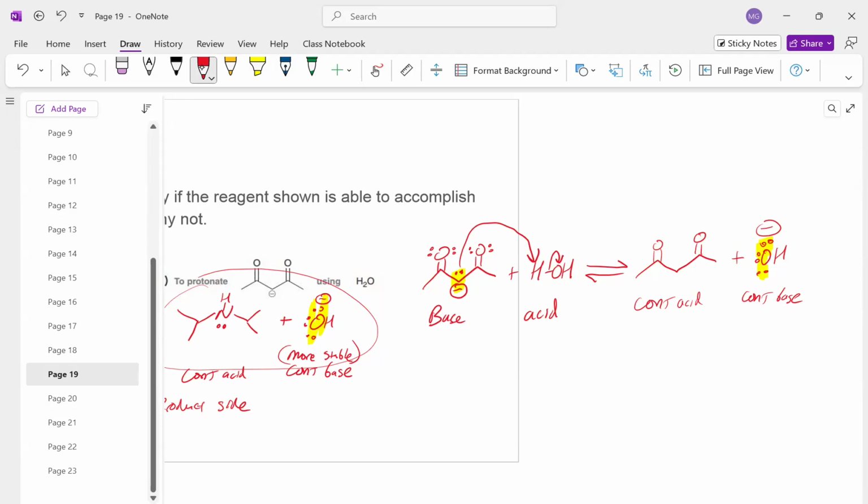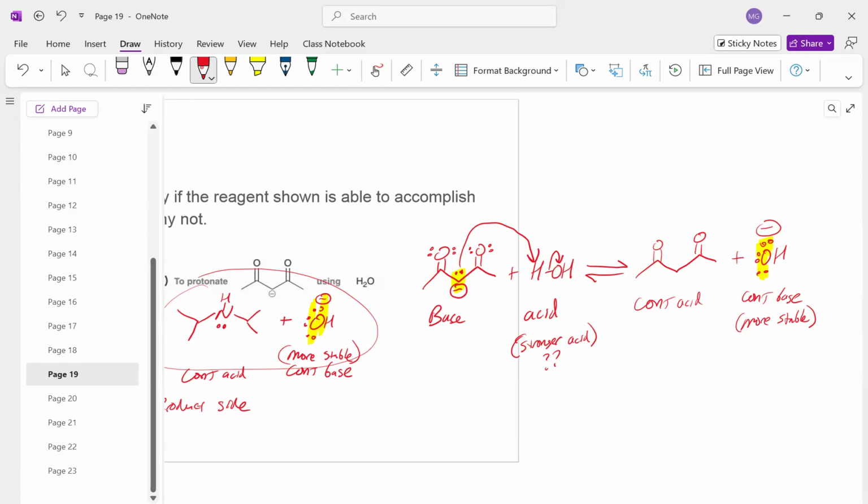So we would think that, all right, this should be the more stable base. Okay, so that's the more stable base, and that should come from the stronger acid. But here is one of the exceptions I wanted to point out.